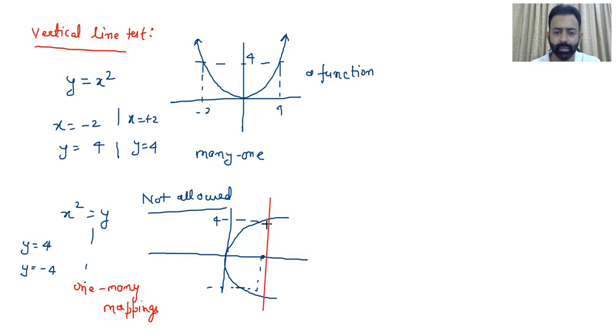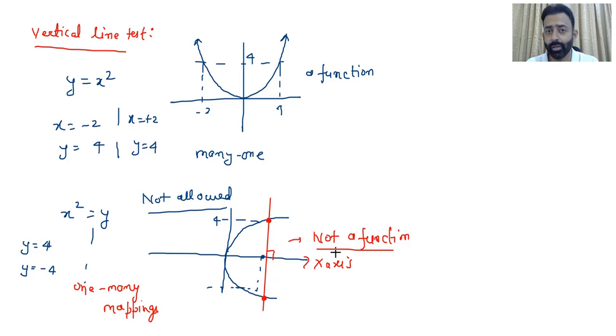If any vertical line, vertical meaning it must be perpendicular to the x-axis, is intersecting the curve at more than one point, like in this case, then the graph will be one to many and it will not be a function. So this is not a function.